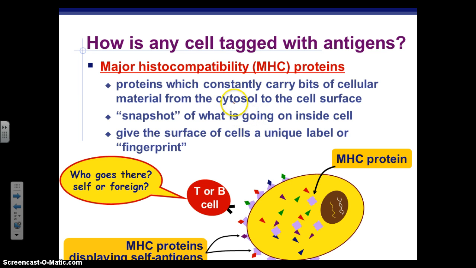And what they do is they take bits of things that are in the cytoplasm and display them on the cell membrane. It gives, as it says here, a snapshot of what's going on in the cell, and it allows the cell to be labeled either as self or not self. So the MHC proteins carry particles of things that have been in the cell, whether they've been digested or not.